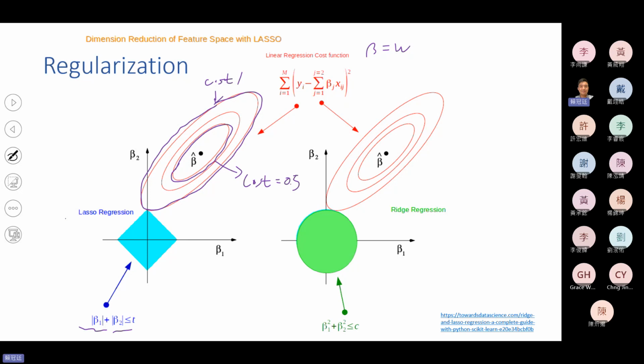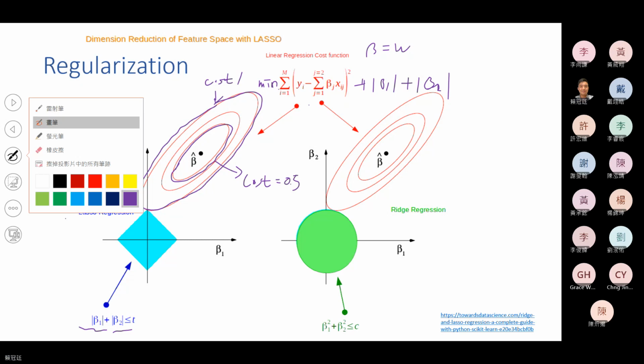While we are trying to minimize the error, we will add some term here. So we minimize both the original least square target and also the parameters. Sorry, it's very difficult to write beautiful lines. Let me try again.